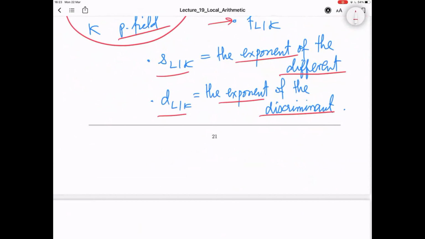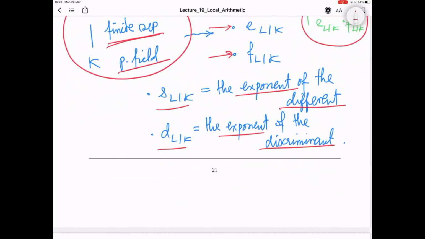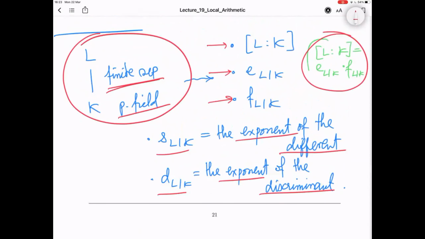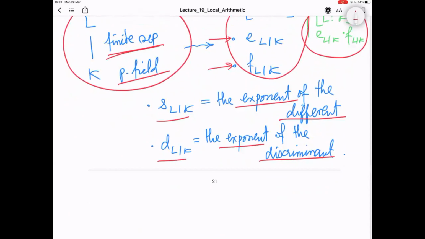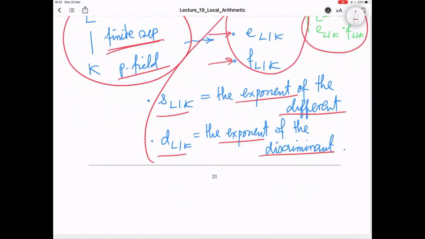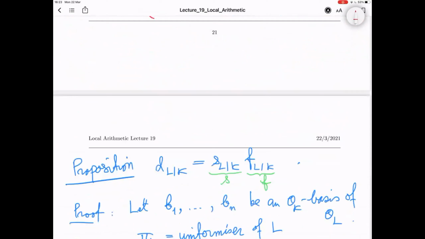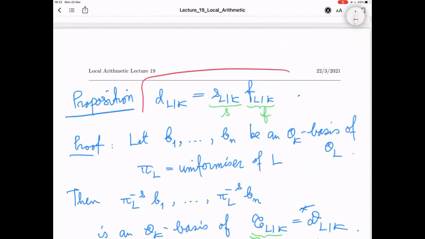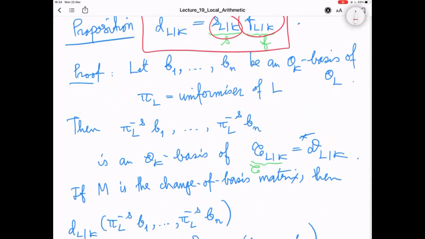So as we saw, these three things are connected, right? Are there any relations between all these things? That's what the next proposition says, that the exponent of the discriminant is the product of the exponent of the different and the residual degree. That's the proposition. Let's prove this.